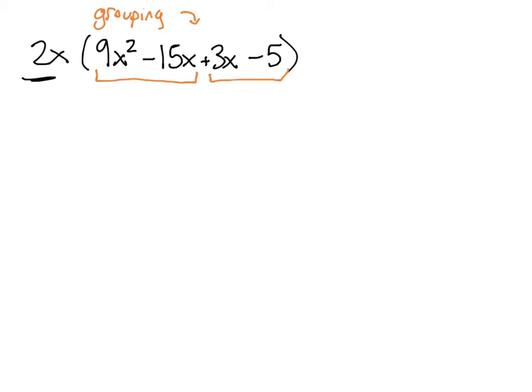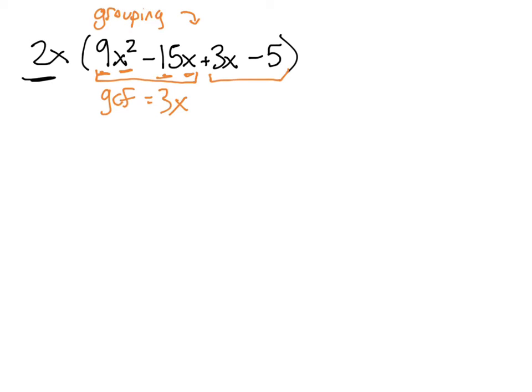in our parentheses. So if we find the greatest common factor from this first group, looking at the coefficients, 9 and negative 15 have a common factor of 3, and both of these terms have a variable x in them, so we can also factor out that common factor x.